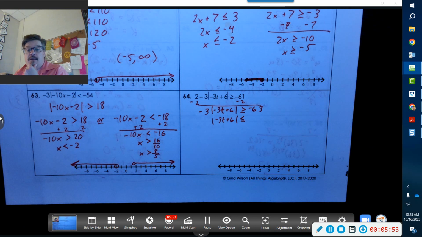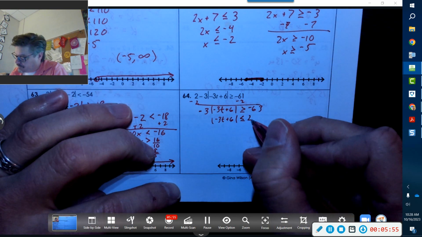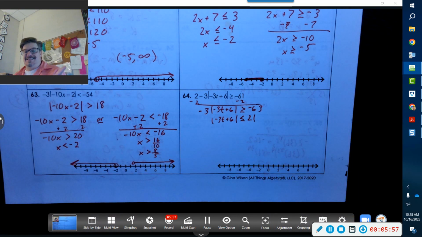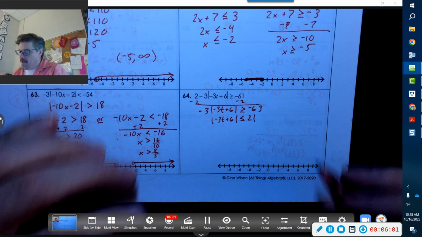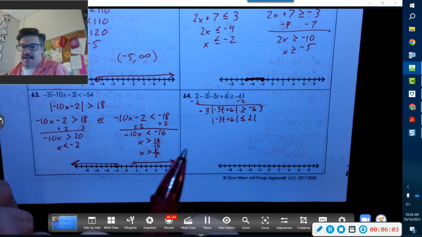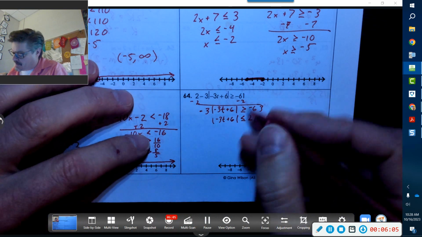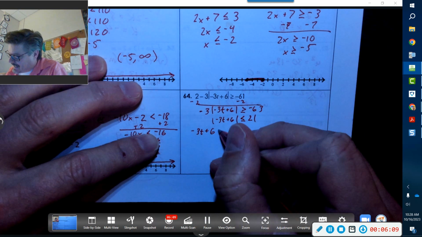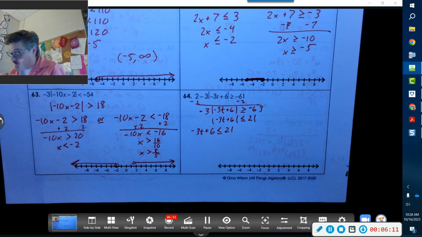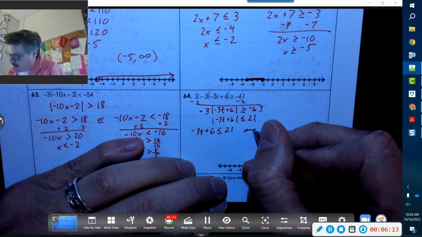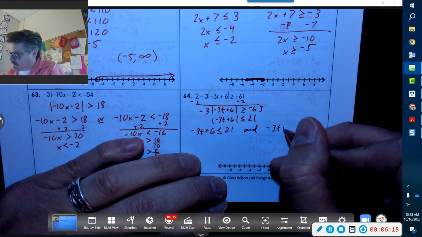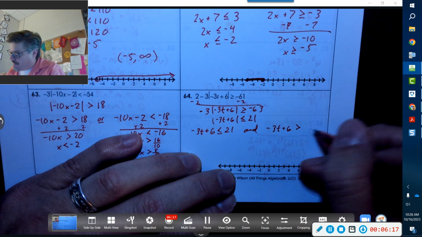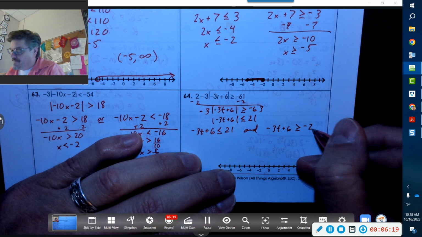And now that becomes 21. That is a less than. These are my favorite because I like the sandwich. I like knowing that I'm going to be less than the positive but greater than the negative. So negative 3t plus 6 is going to be less than or equal to the positive, and negative 3t plus 6 will be greater than or equal to the negative version.